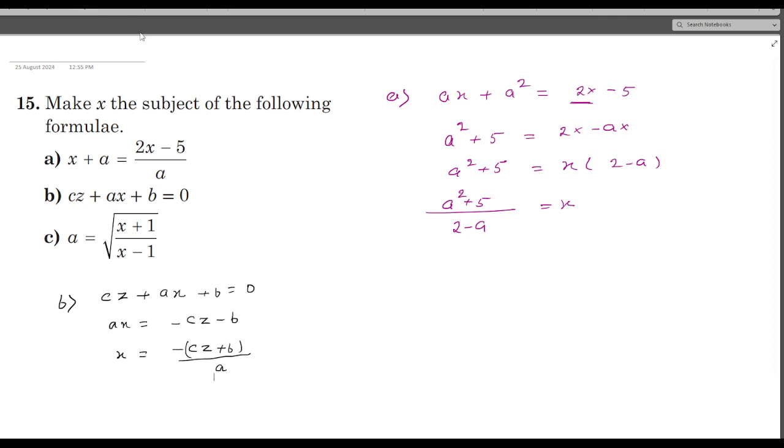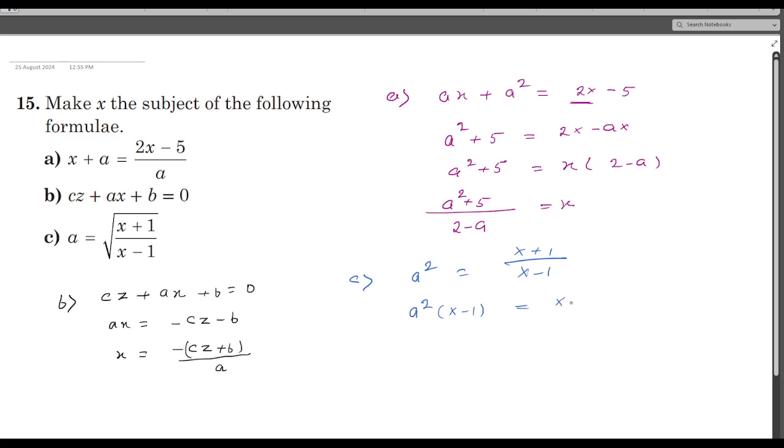And the third one, what we do is let us first square both the sides. So you have a square is equal to x plus 1 upon x minus 1. Now multiply both the sides by x minus 1. So it is a square times x minus 1 is equal to x plus 1.